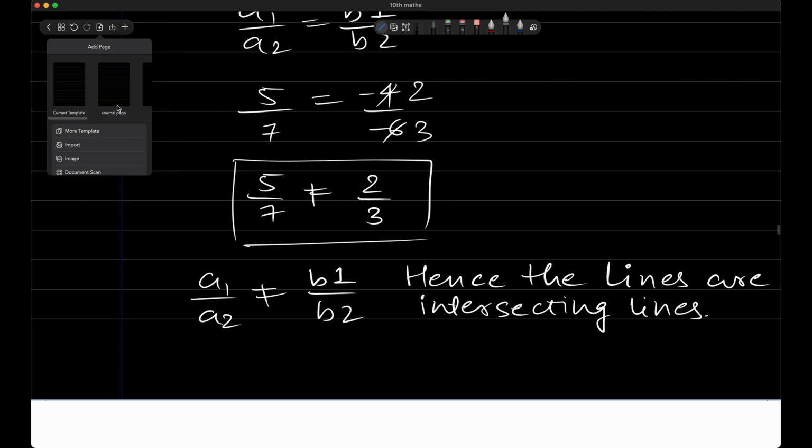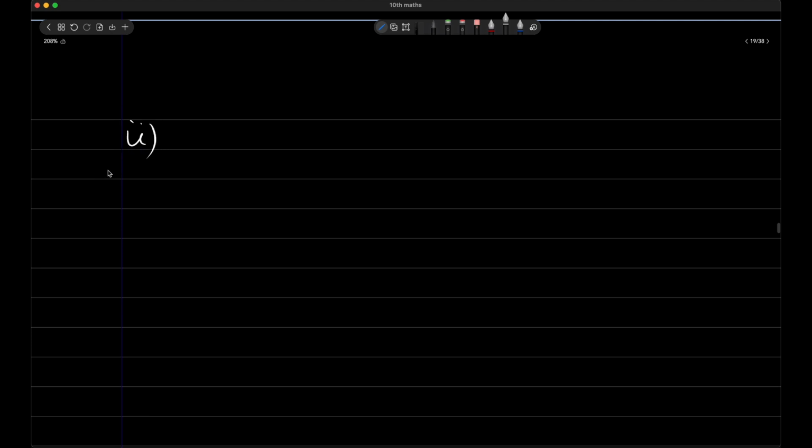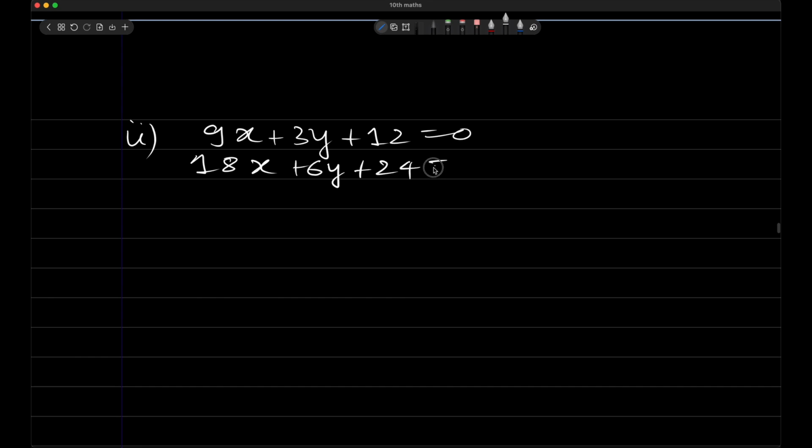Now second part, the equations of the lines are 9x plus 3y plus 12 equals 0 and 18x plus 6y plus 24 equals 0.